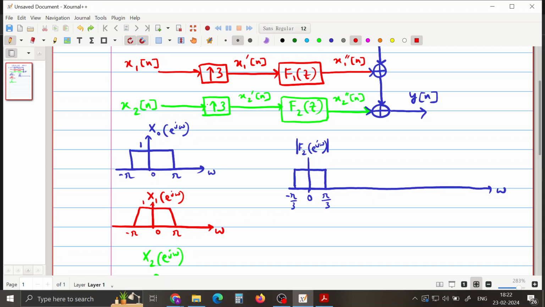For x naught I have used blue ink, so for f2 I should use green ink. So let me do that.